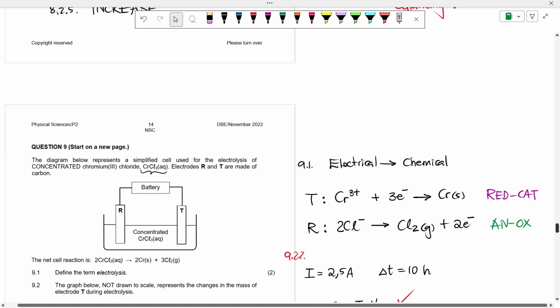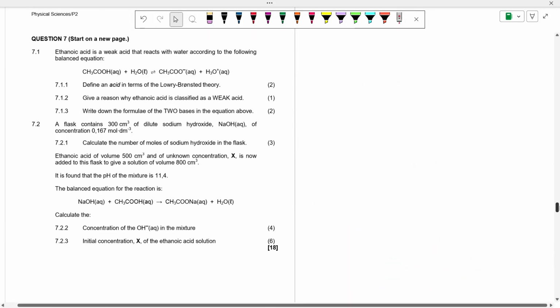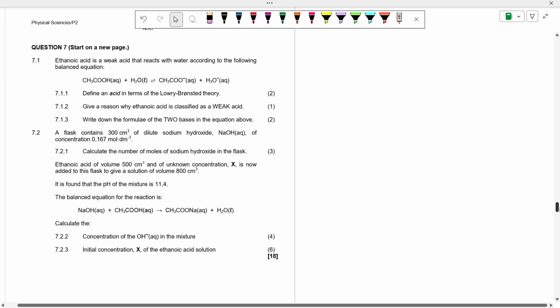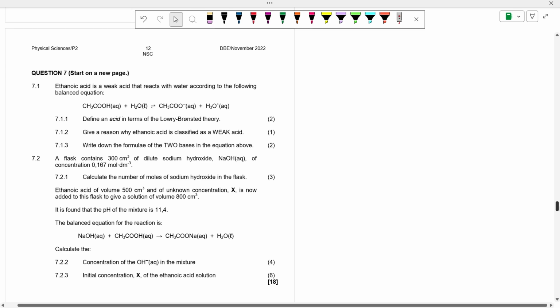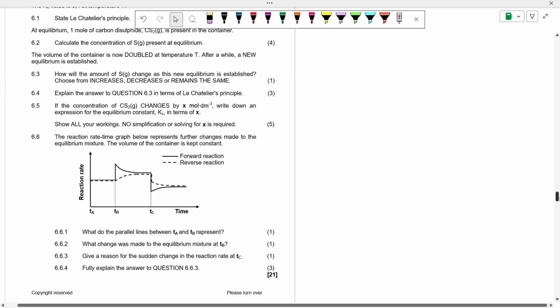Let me just scroll up on this question paper, and you guys can tell me if you want me to do any more questions. This one is acids and bases. You always expect to get that longer question at the end for acids and bases. Some people find it easy and straightforward to follow. You have chemical equilibrium.